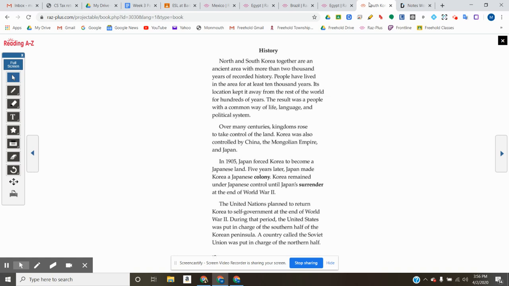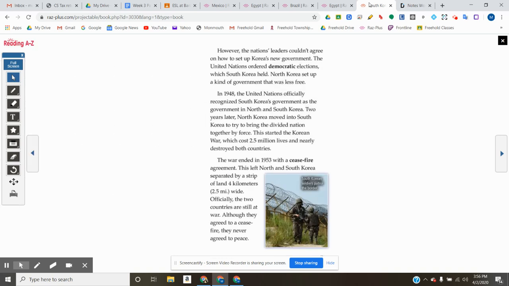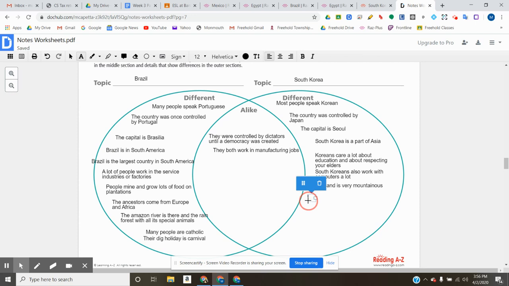North and South Korea were once one. We talked about this already. They tried to be separate, and then as we see, they were controlled by dictators, and then they eventually wanted to set up a democracy. Korea was split and fought during the Korean War, which they are still a part of now.